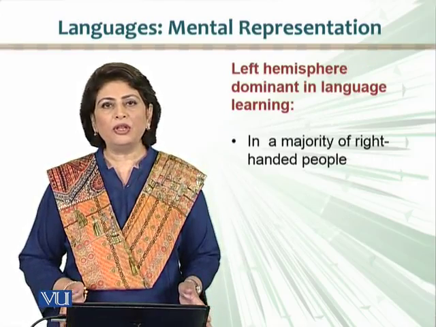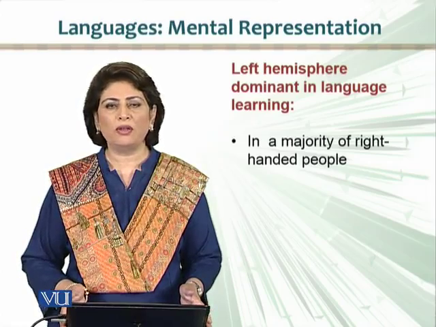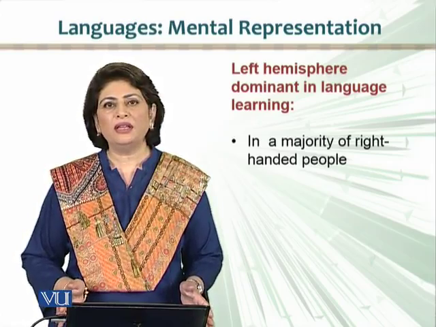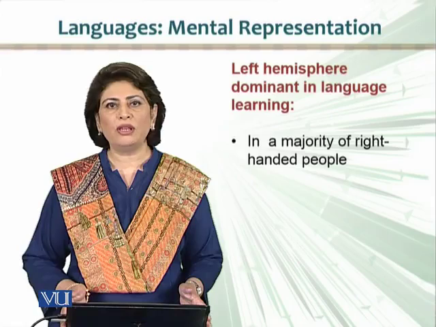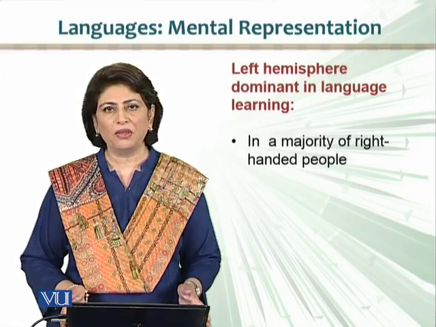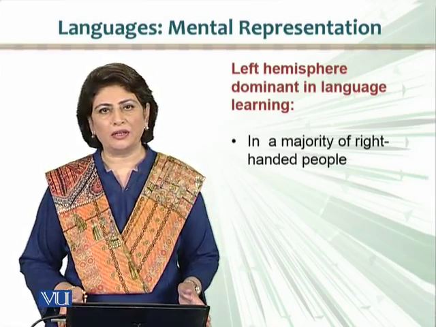In a majority of right-handed people, whether they are monolinguals or bilinguals, it is the left hemisphere of the brain that is actively involved in all sorts of language learning, particularly so if a person is right-handed.